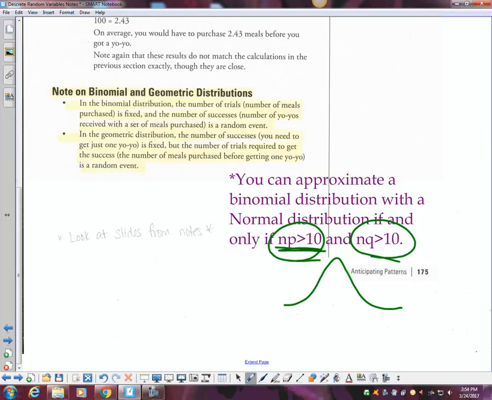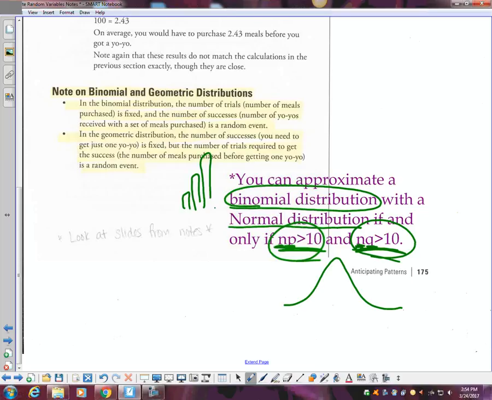But this has to be true. So who's n and who's p: number of trials, probability of success, number of trials, failure, and those two numbers bigger than 10, then you can use a normal distribution to approximate a binomial distribution. Binomial is all the different bars, and normal is your clean curve.